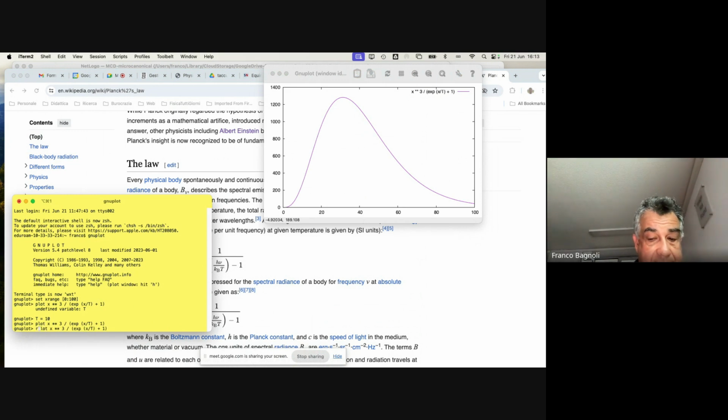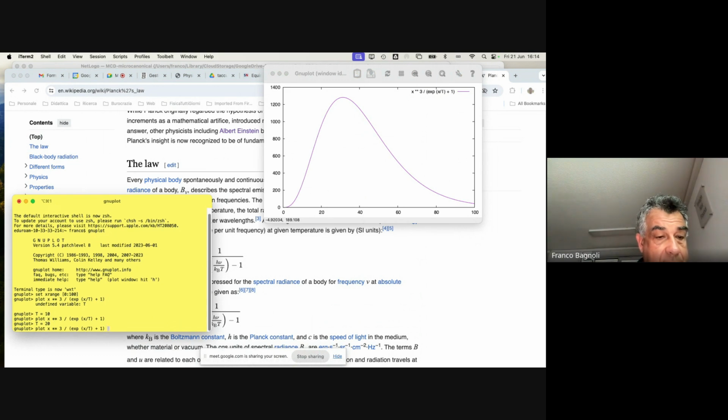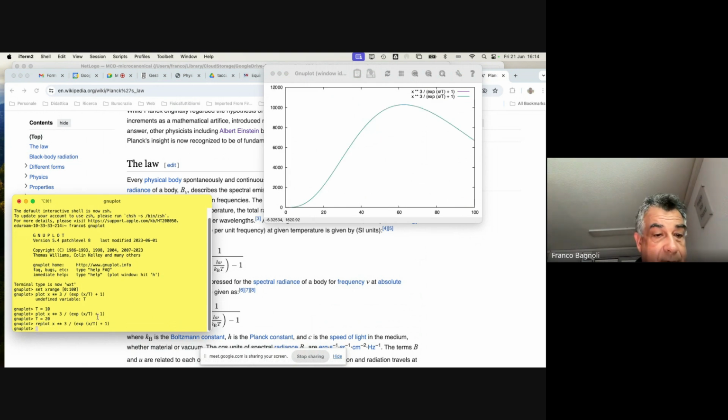Let me add, replot, set t equal to a higher temperature. Okay, so let me define a function: p of x given t is this one.